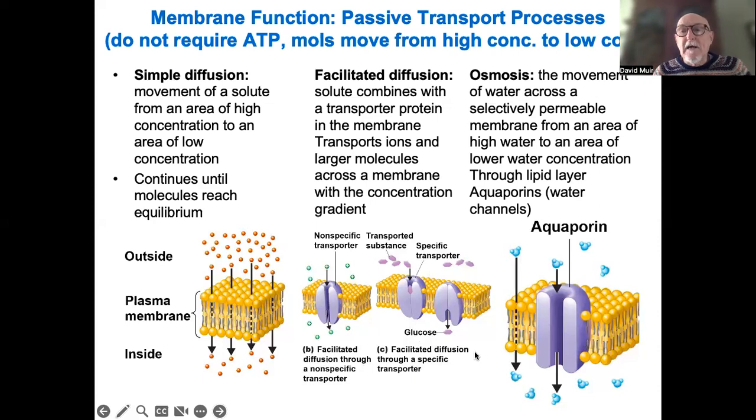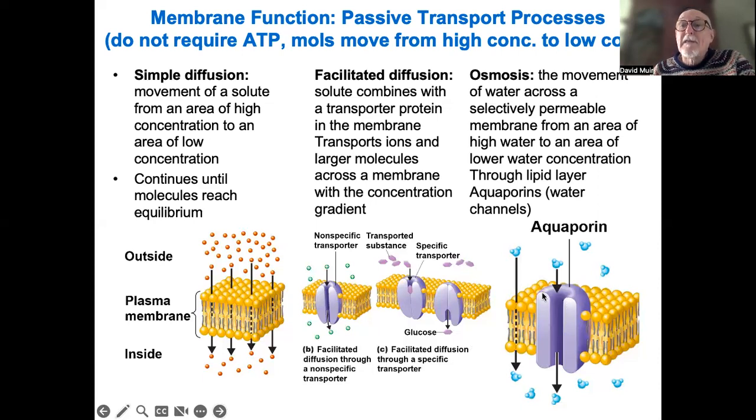So there is another set of these transporters, these passive transporters, which are also using a facilitated diffusive method, but they are specific for water. Now, water can make its way across the membrane, surprisingly enough. It can make its way, but it does so very slowly. And often the cell will require water rapidly and in high concentrations.